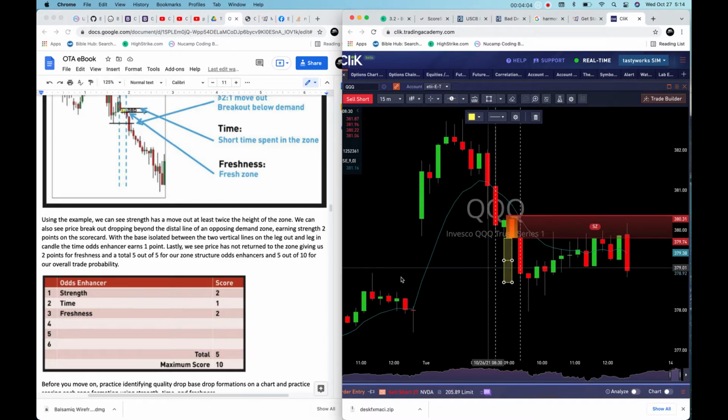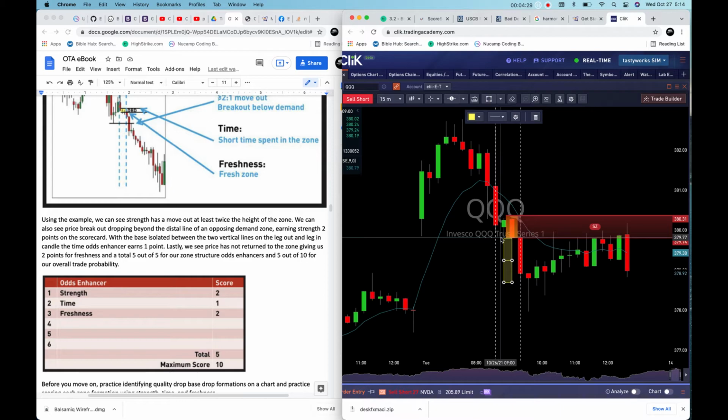And actually, if we come left, we do see a demand zone here where we have a rally, base, rally formation, which would make this our distal line. And we do not see price breaking through our distal line. In fact, it is a long way off. All right. So in this case, strength would earn 0 points.